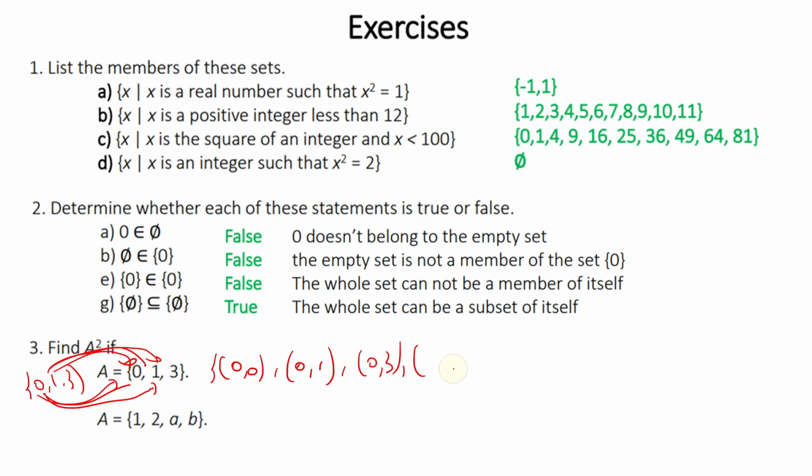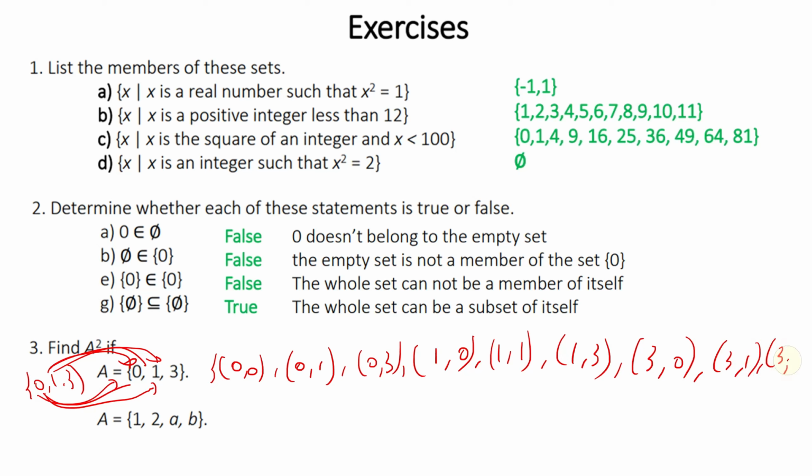So (1,0), (1,1), (1,3), and then 3 with 0, 1, 3: (3,0), (3,1), and the last one is (3,3). If you count how many elements I have, I should have 9, which is 3 times 3. So 1, 2, 3, 4, 5, 6, 7, 8, 9, and that's the correct one.